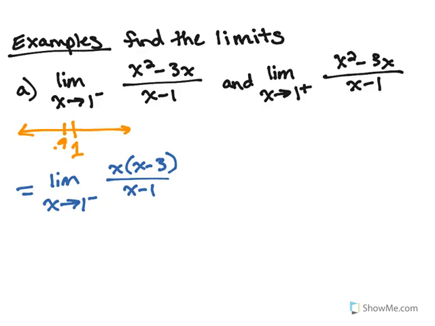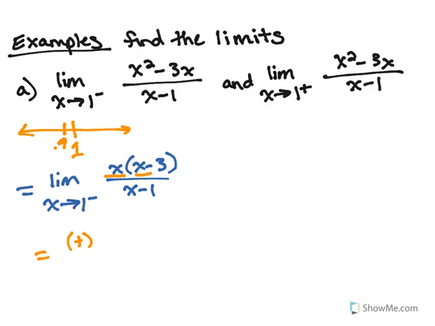And then I can take my number 0.9 and see what it would make each of these factors, positive or negative. So if I plug a 0.9 into that factor right there, we get a positive number, right?